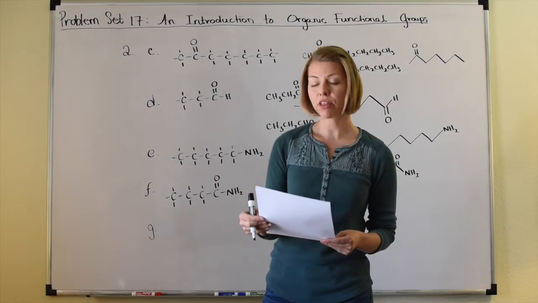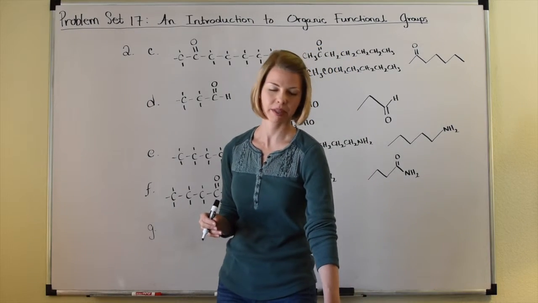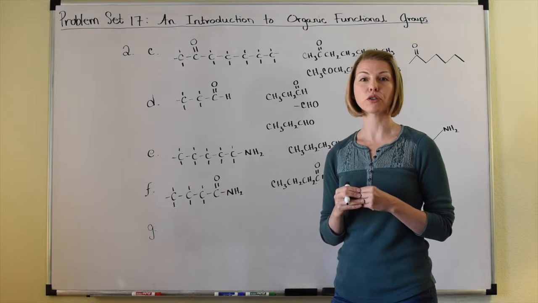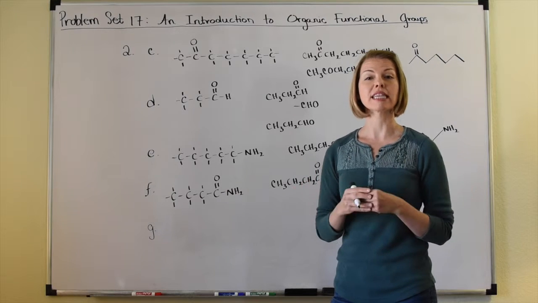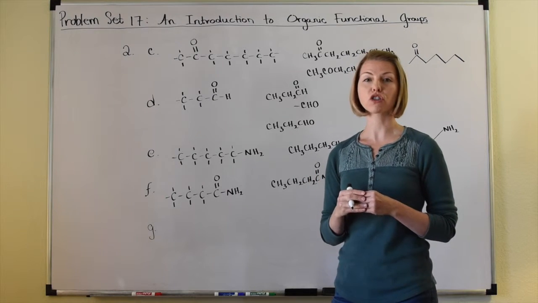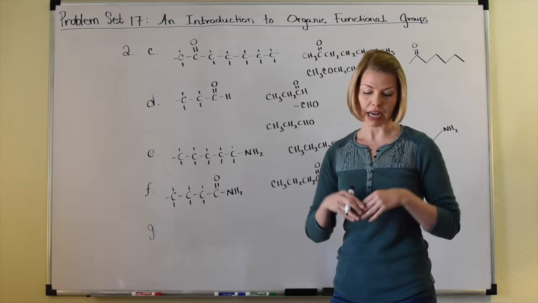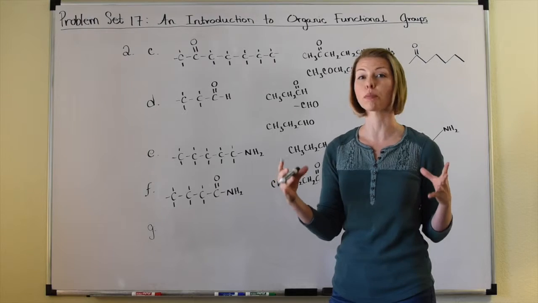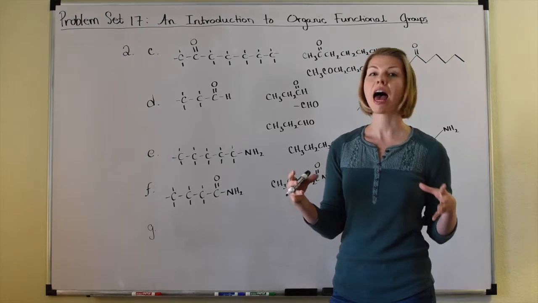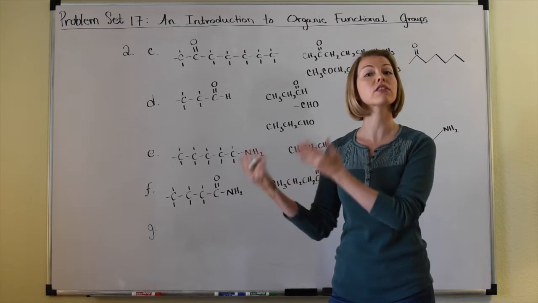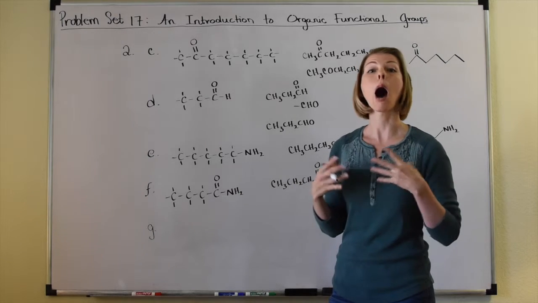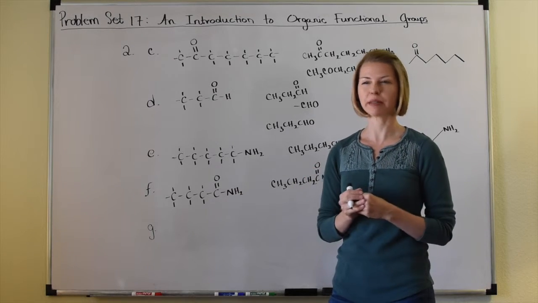G is methyl pentanoate. Okay, so that ending, hopefully you are able to realize that that is an ester functional group. So we're looking at a pent, so a 5-carbon chain that contains the carbonyl of the ester. And then on the other side of the oxygen of the ester, we're going to have a 1-carbon, a methyl substituent.